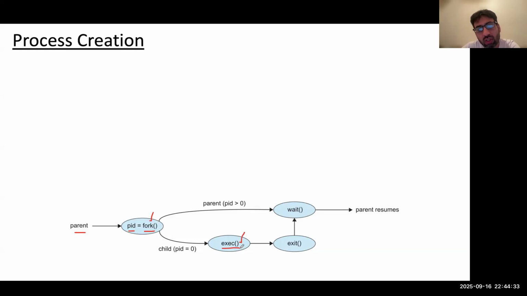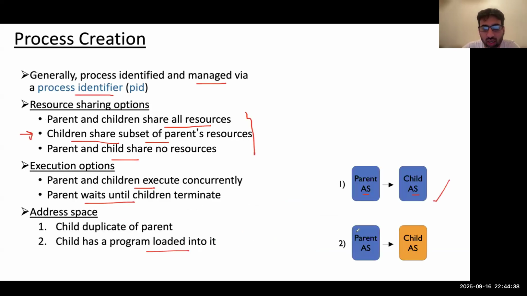This system call is basically used to load a new program in the address space of a process. So when you simply fork, this is the result of fork: the parent address space is copied into the child address space. But when you want to load a new program into the address space of a process, for example a child process, then you need to make a call to the execute system call.